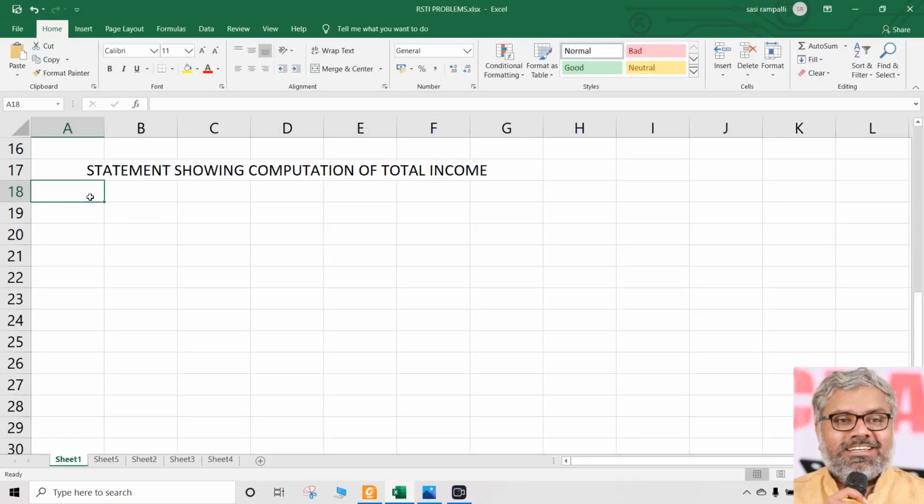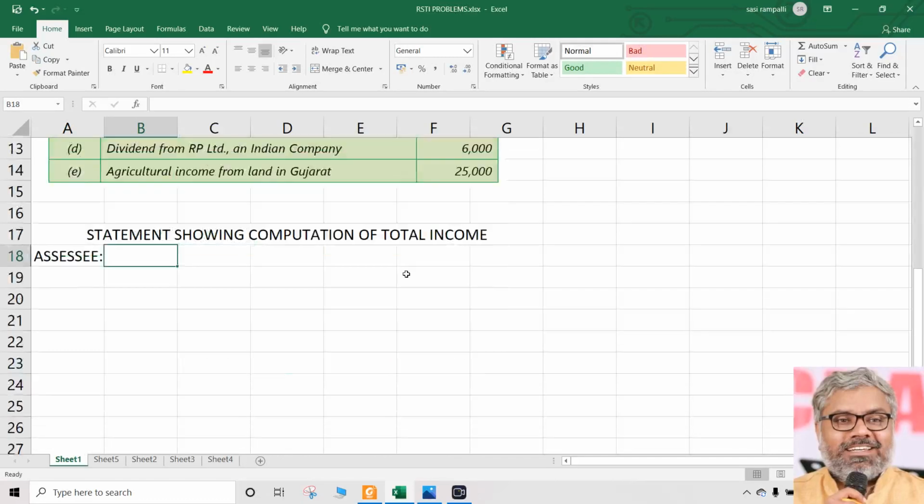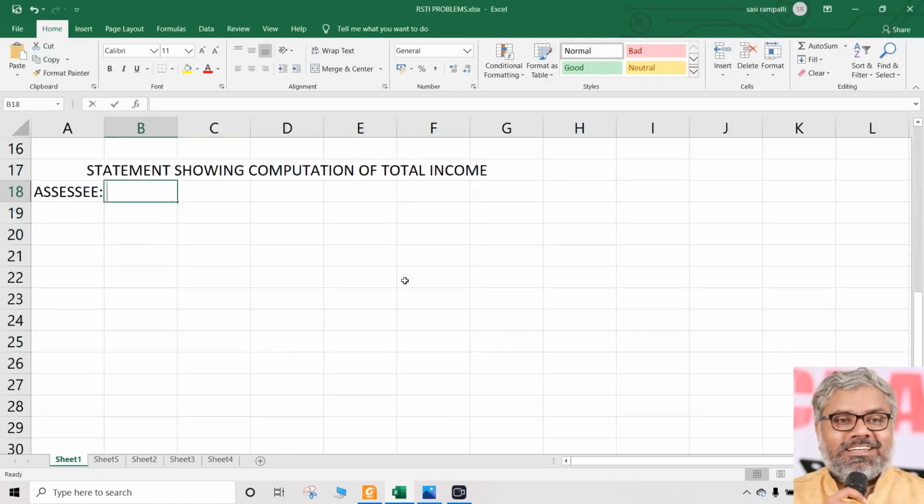Below that, you can present it like this. SSC. Who is the SSC here? SSC's name is Mr. Anirudh. That's what is given there. I'm just putting it in caps because it will be easy for you to read. Don't think that you have to write in the exam also like that.